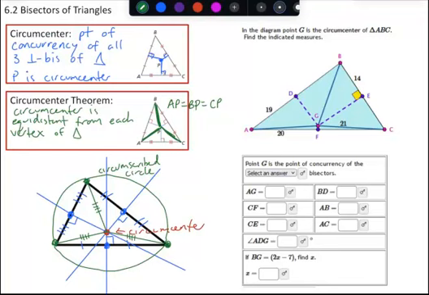Okay, it's also referred to, if you take the reference point of the triangle, that's called an inscribed triangle. So the triangle is inscribed in a circle. The circle is circumscribed about the triangle. Okay, but see if you can answer the questions here on this problem to the right.